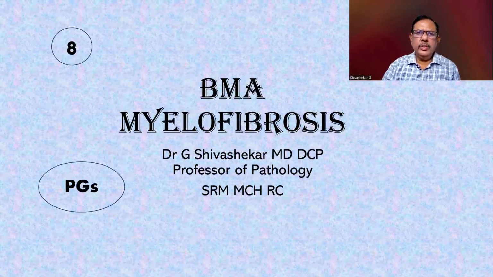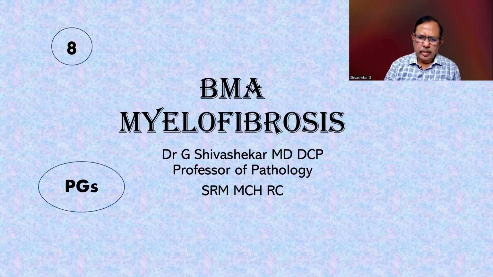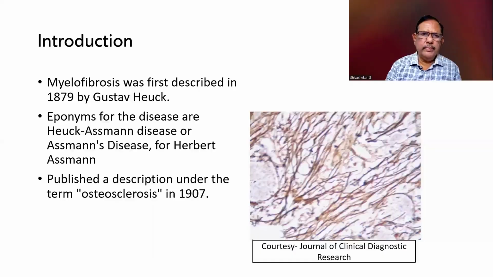The topic I had chosen for the day is myelofibrosis. Obviously, you people know the meaning of the word fibrosis. The myelofibrosis term was first described by Gustav Heuck, and it was also introduced by another person called Herbert Assmann.